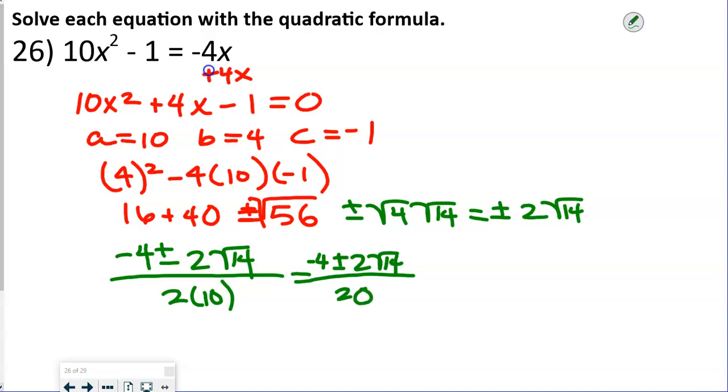So now we're looking for a GCF. Our GCF is going to be 2, because of the 2 on top in front of the square root of 14. So this is going to be negative 2 plus or minus square root of 14 over 10. That's as simple as it gets.